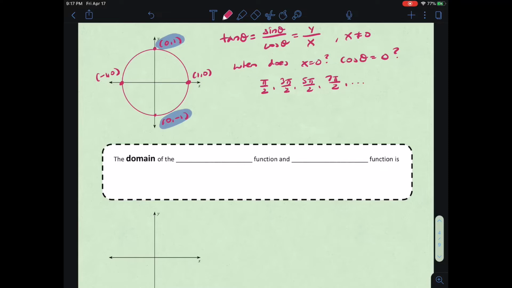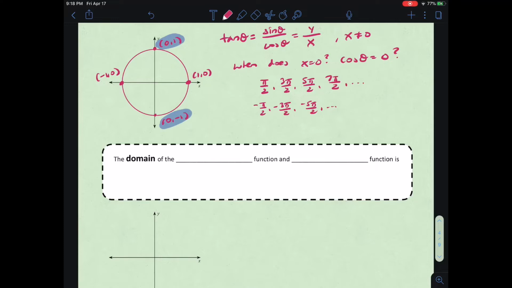I want you to picture these angles, and the terminal side will always lie on the y-axis. You can also look at negative pi over 2, negative 3 pi over 2, negative 5 pi over 2, and this would also continue in this manner. So what you notice then is that for the tangent function, the domain is everything except what makes the bottom 0.